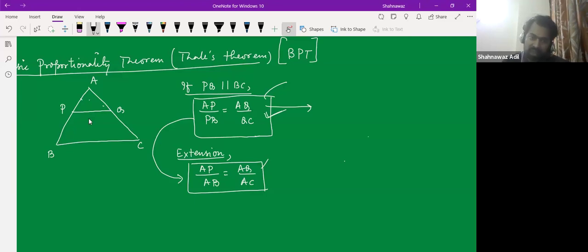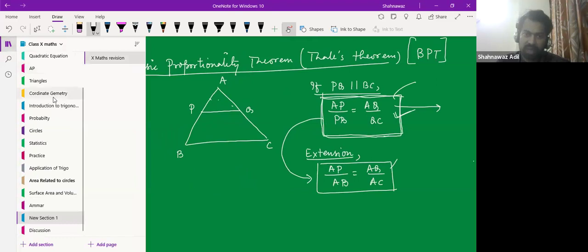And then we calculated this area and this area with these perpendiculars. And then we divided those, and then we got this thing. So that was for BPT, right, guys? Yes, sir, that was for BPT.